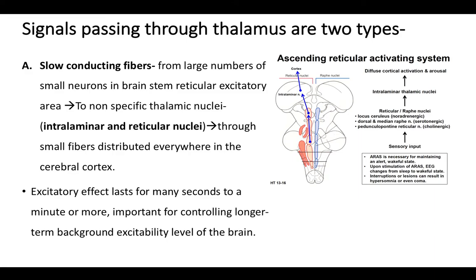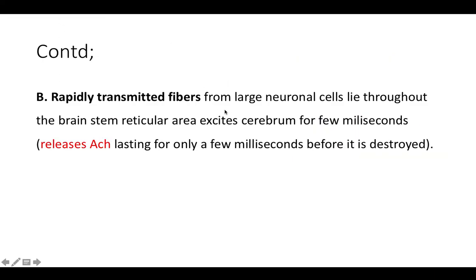Next come your rapidly transmitting fibers. These are from large neuronal cells that lie throughout the brainstem reticular area, mainly the facilitatory area. They excite the cerebrum for a few milliseconds. They release mainly acetylcholine, and you know that these cholinergic neurons act for only a few milliseconds, hence the excitation lasts only a short period of time.